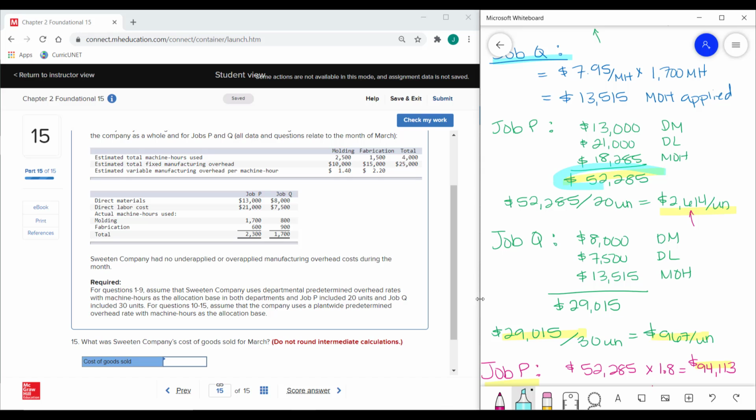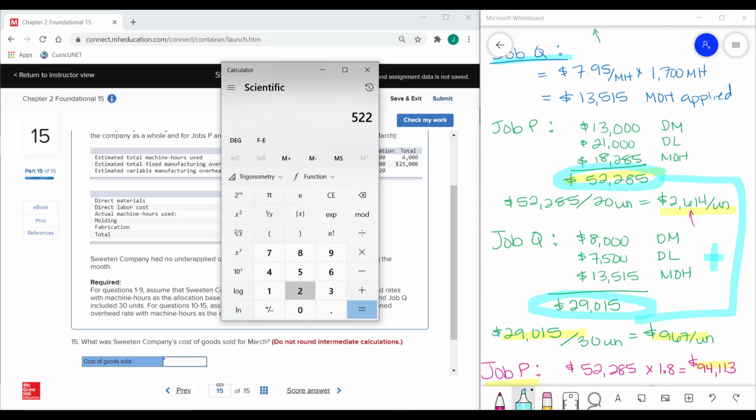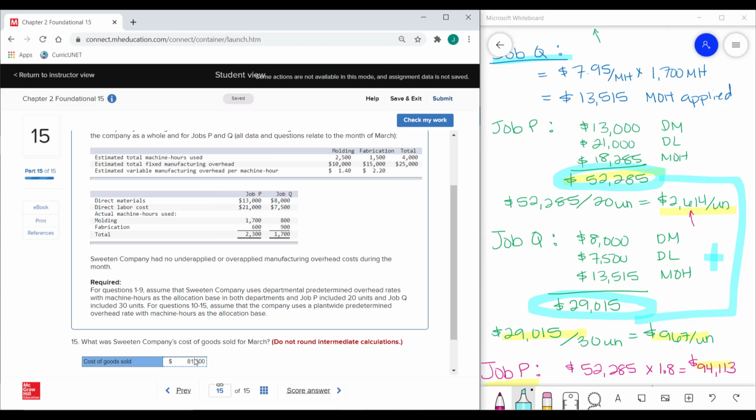Well, the cost of job P is $52,285, and the cost of job Q is $29,015. To find the cost of goods sold, we would simply just add these two together. So we'll do $52,285 plus $29,015. When we add that together, we get $81,300.